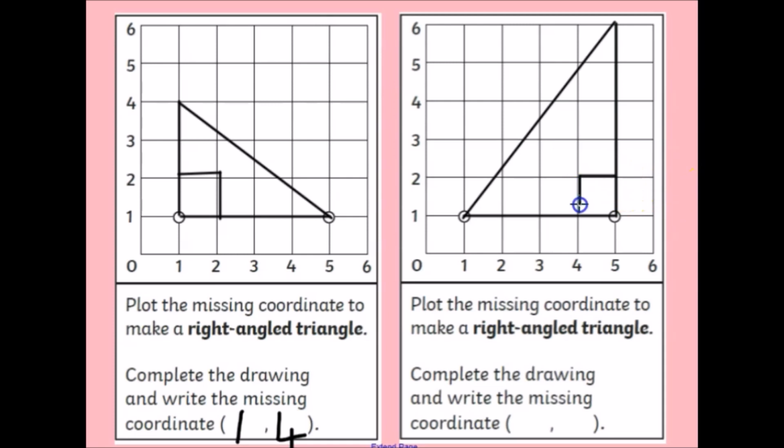Here is my right angle, and there you go. So all I now need to do is write down my missing coordinate, and it is this point here. So if I go along the corridor, that's 5, up the stairs, that's 6. So my point is 5, 6.